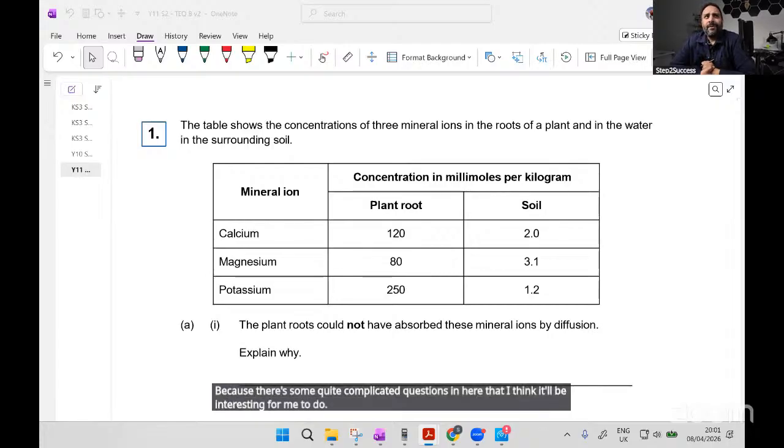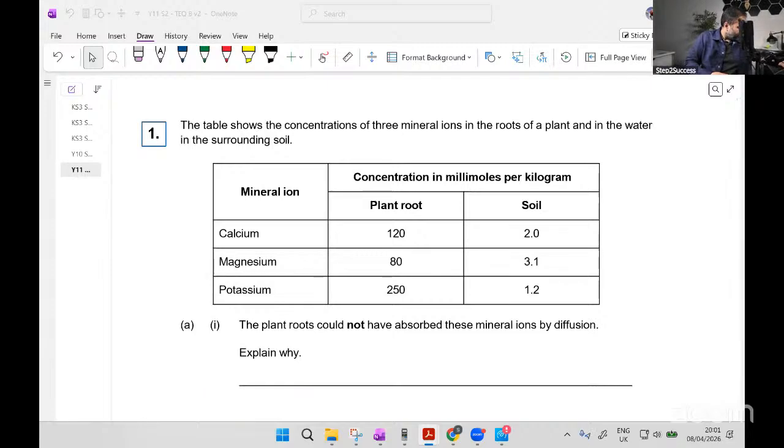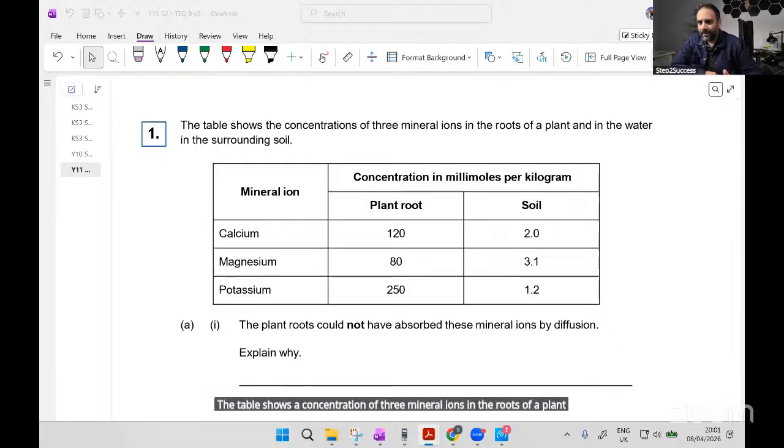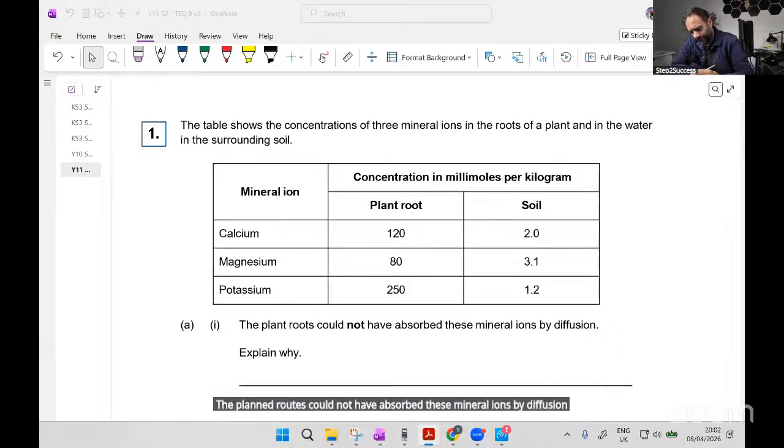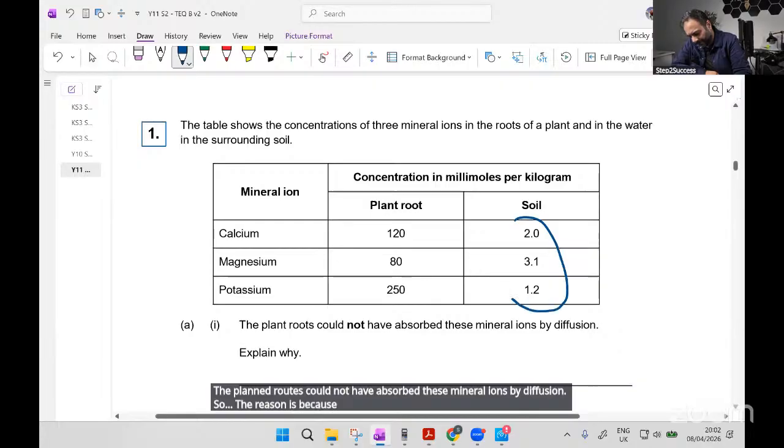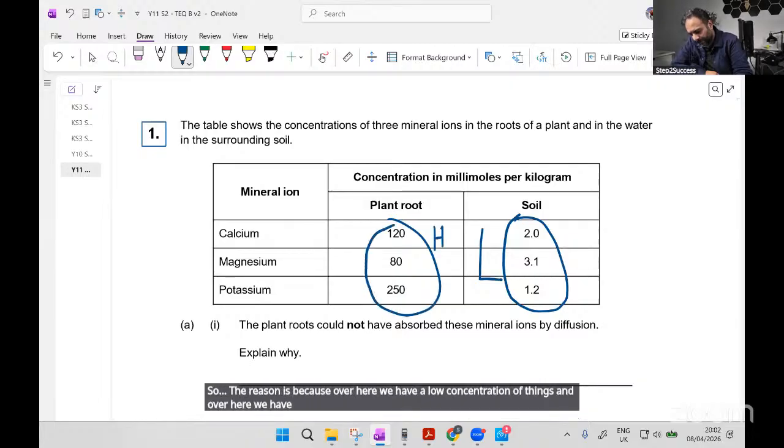The table shows the concentration of three mineral ions in the roots of a plant and in the water in the surrounding soil. The plant roots could not have absorbed these mineral ions by diffusion. So the reason is because over here we have a low concentration of things, and over here we have a high concentration, and we're trying to take these up from the soil.